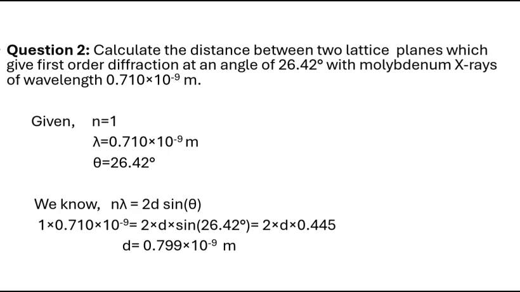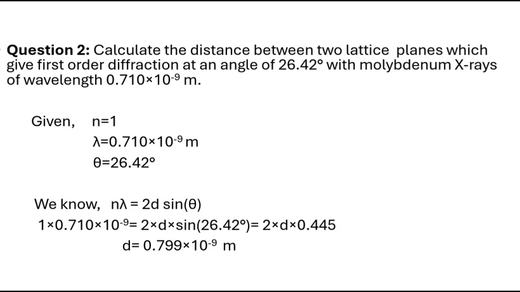From the question, we can write n is equal to 1, lambda is equal to 0.710 into 10 raised to minus 9 meter, and theta is equal to 26.42 degree. From the Bragg's equation, n lambda is equal to 2d sin theta.